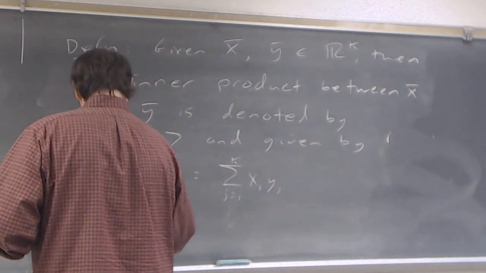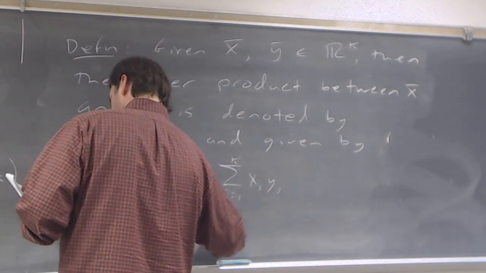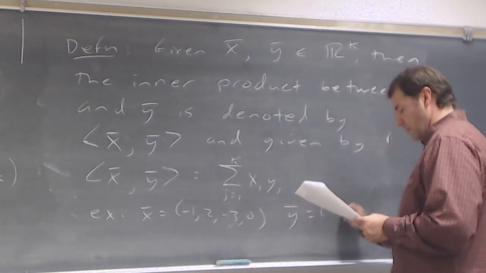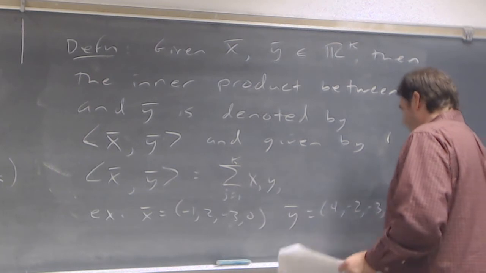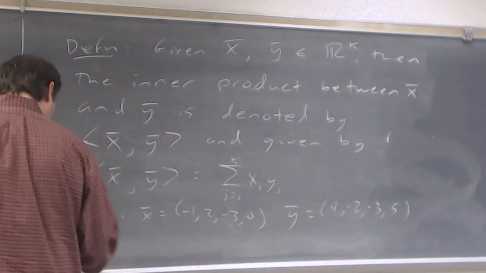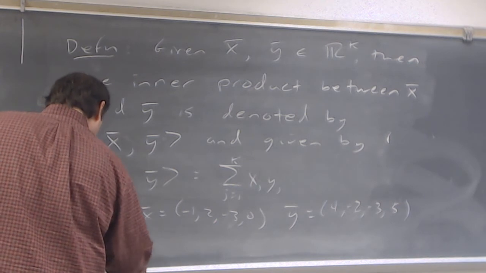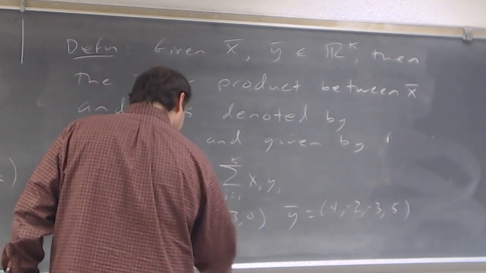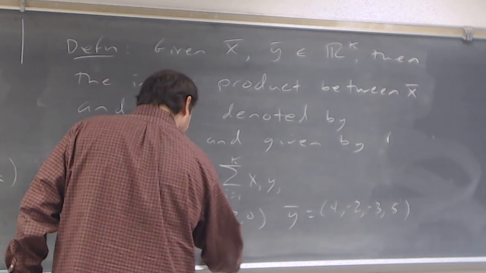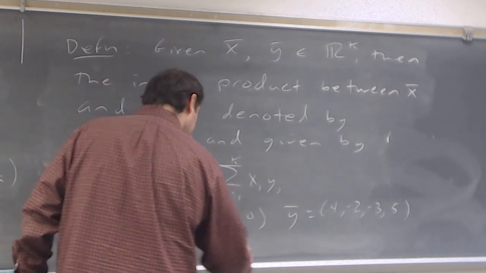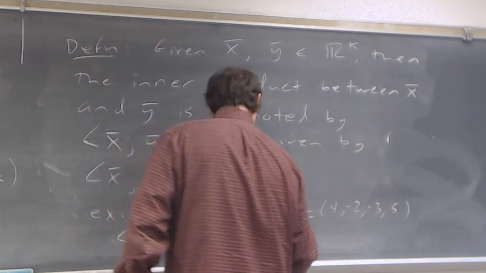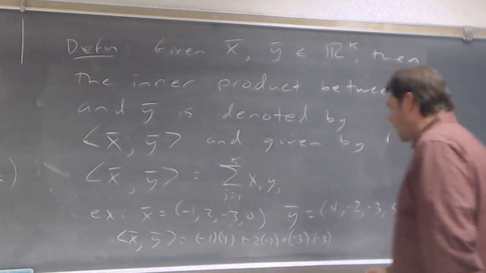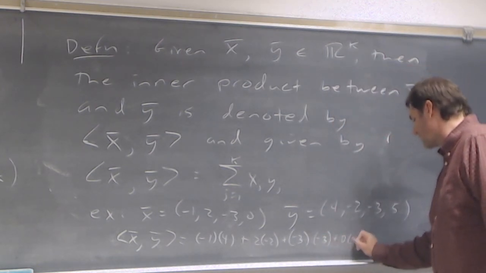So if we let x bar be equal to (-1, 2, -3, 0), and y bar be equal to (4, -2, -3, 5), then the inner product between x and y would be, you take the first coordinates and multiply them together, so it's -1 times 4, and you add that to the second coordinates multiplied together, it's 2 times -2, and then you take the third coordinates and multiply them together, -3 times -3, and then finally you have the fourth coordinate, 0 times 5.